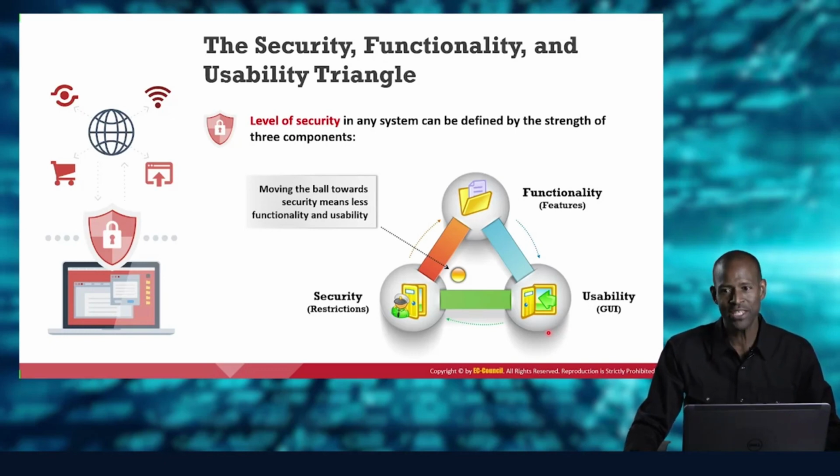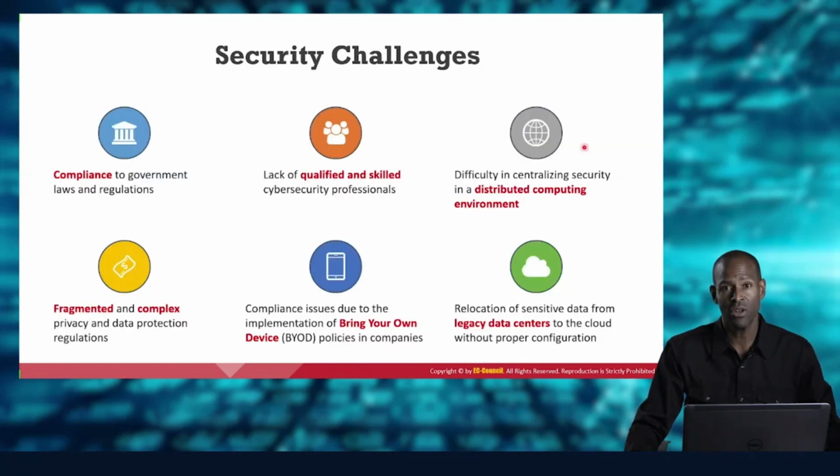It's all nice to have around. So which one of these is going to be featured the most? For instance, if I have security, I may not be able to use the nice functionality of the usability, or if I have too much usability, maybe I have less security, right? So we're always bouncing around between these, trying to move as close to security as possible, keeping functionality and usability around too.